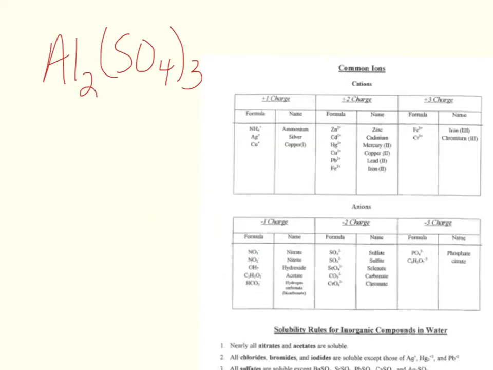For our next example, Al2(SO4)3, we are going to again name the cation. So our cation is aluminum, so we're going to write aluminum. And then we're going to look at our anion, which is SO4, so it's just a matter of coming over and scanning your list of anions until you find SO4, and you should find that fairly easily.